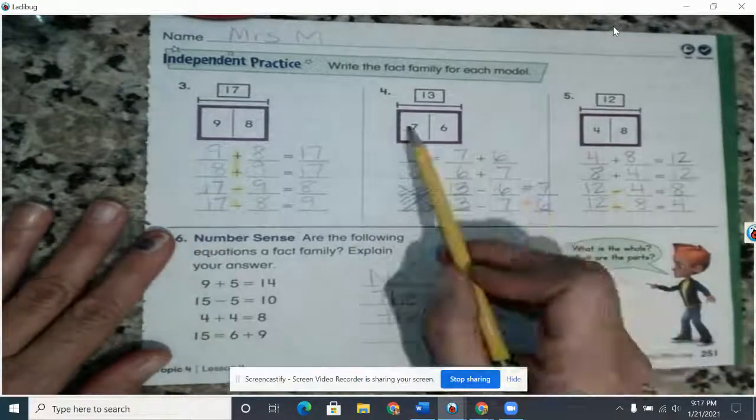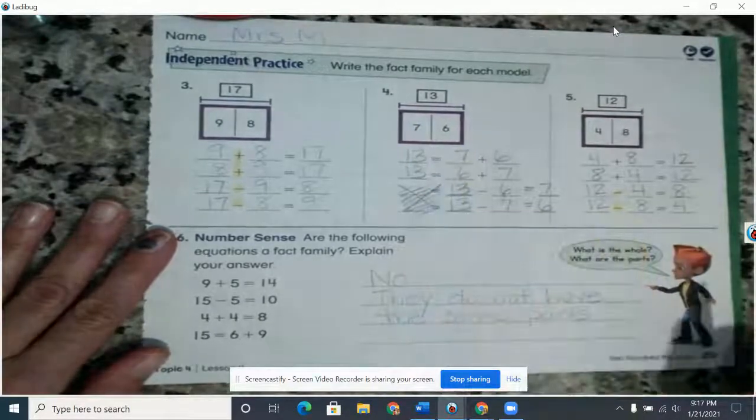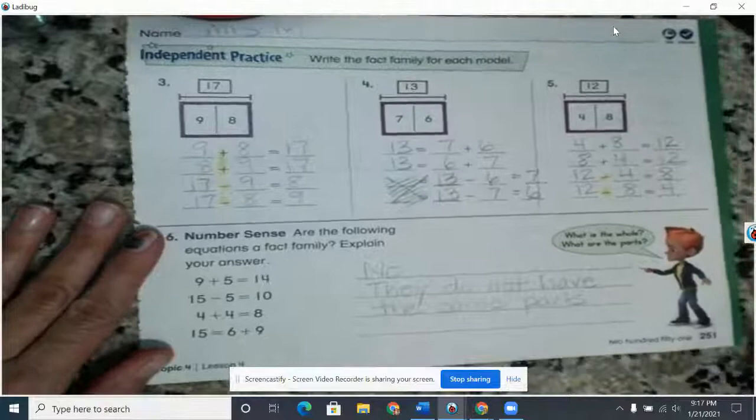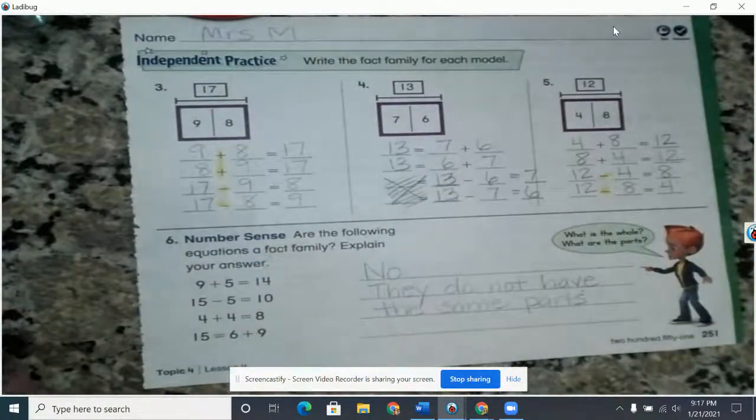So you need to have the same parts and the same whole in order to create the fact family. And I'll give you a second to write that down. No, they don't have the same parts, so we cannot make a fact family out of those. Okay? Again, you can always pause the video if I'm going too fast.